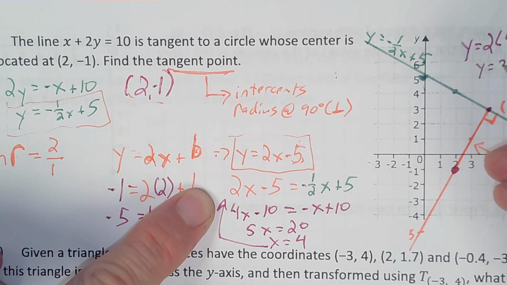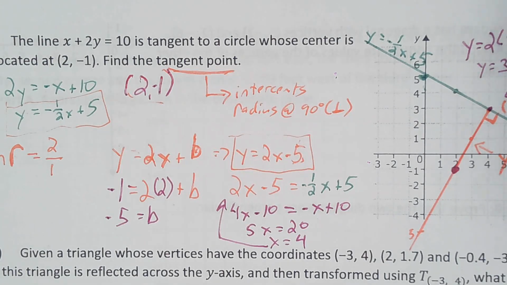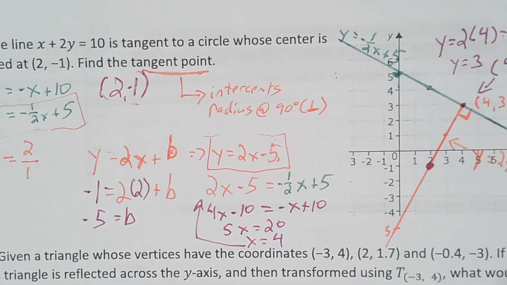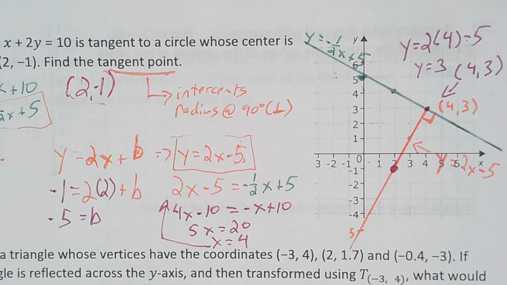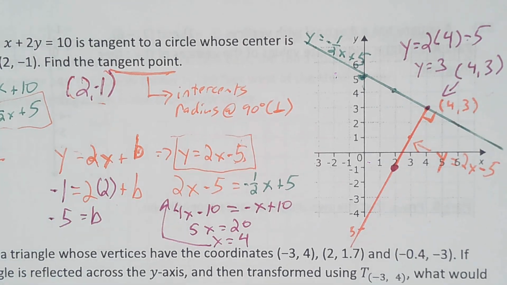So y equals 3, and my point is 4, 3, and there it is. So that's how you would figure it out algebraically. All right, moving on.